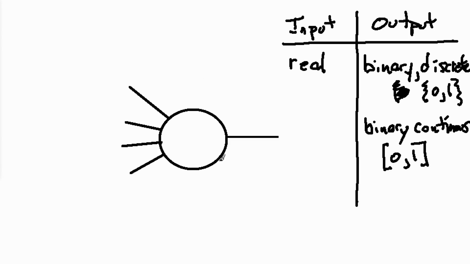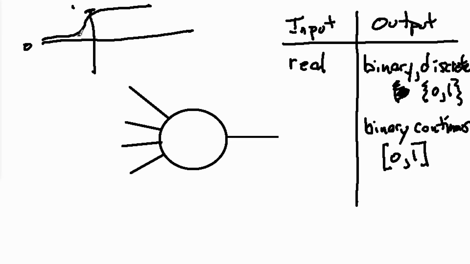We could draw a function of what that might look like. If this is 0 over here and over here is 1, we could have a function that kind of looks like this, and we can see that all sorts of values between 0 and 1 can be taken on here.